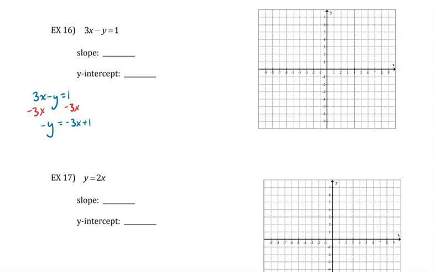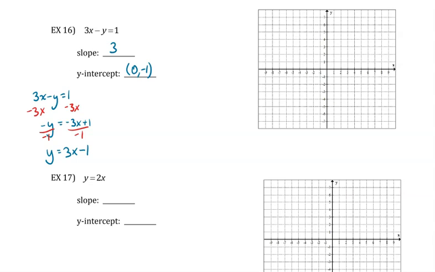So we have to get rid of that negative. To do that, I'm just going to divide both sides by negative 1. That turns it into positive y. And on the right side, we'll have 3x minus 1. So our slope this time is 3, and the y-intercept is 0, negative 1.